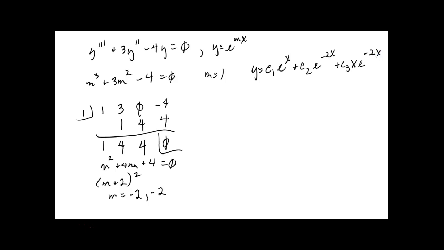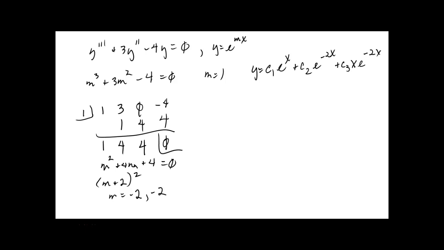Anytime you have a double root, then your e to the mx is going to be one solution, x times e to the mx is going to be your second. If you had a 7-tuple root, you're going to have x squared, x cubed, x fourth, x fifth, and x sixth, with e to the mx on it.